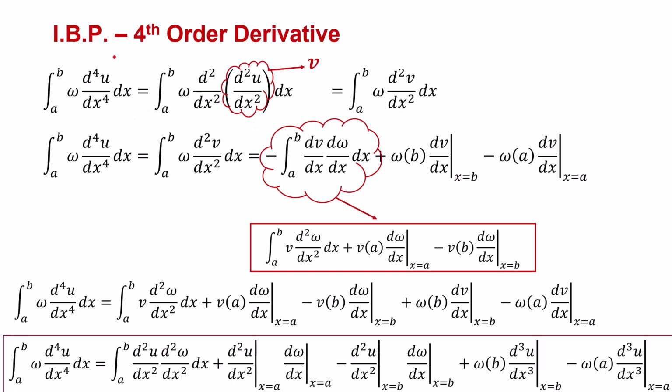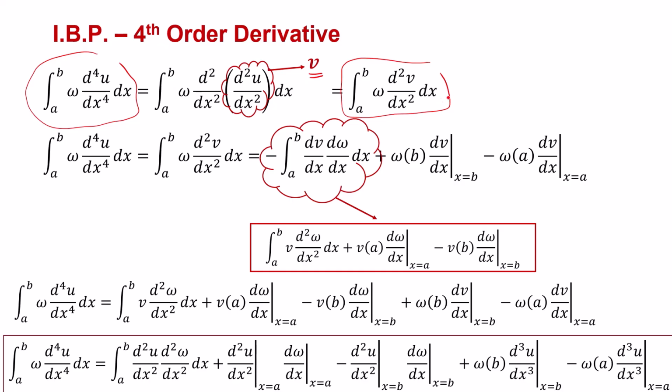So we start with this integral of w d4u over dx4, and similar to before, we can define v equals d2u over dx2, and if you substitute this in the main integral, we need to handle this integral from a to b of w d2v over dx2 times dx.